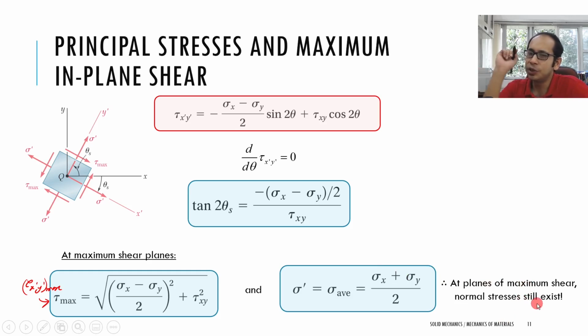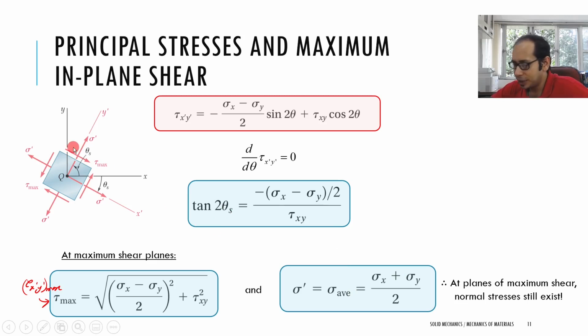You may remember these expressions from the chapter on torsion that we studied, where you had a pure shear element, and we were giving twisting to the chalk and it was breaking, and at that 45 degrees you had the tau as tau max and your sigma as the sigma average, right? So this is essentially what you get over here.